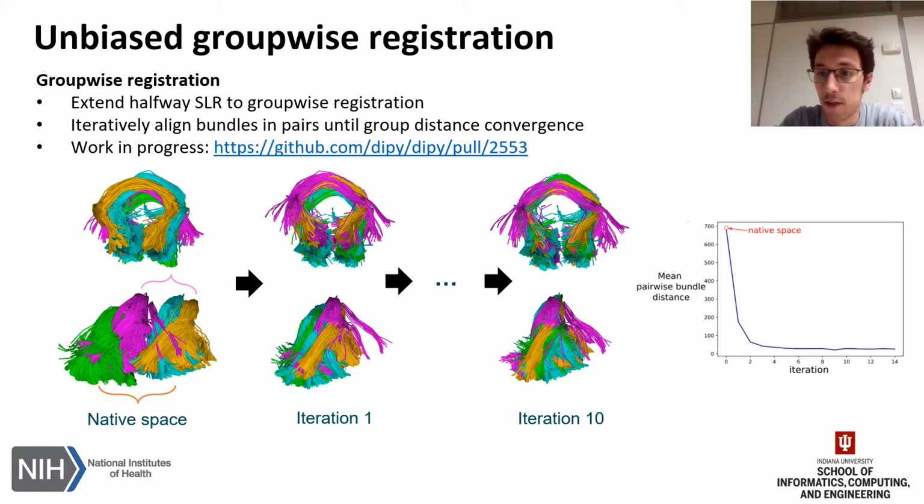And after several iterations, that group distance basically converges because all the bundles are already overlapping and we cannot increase the overlapping more. So we achieve a group-wise registration that is unbiased in a really natural way. If anyone is interested, there's a current open PR in Dipy implementing this kind of approach.